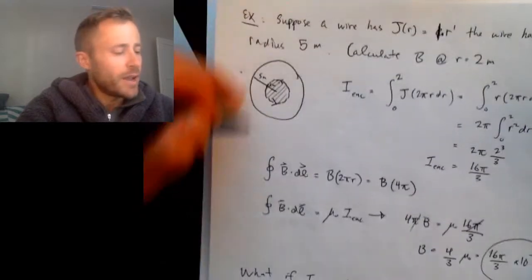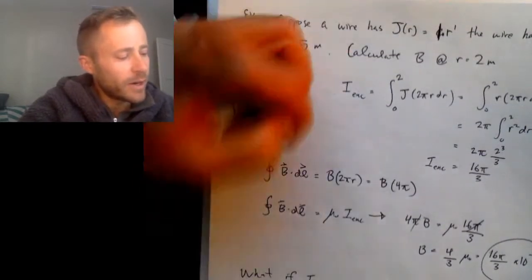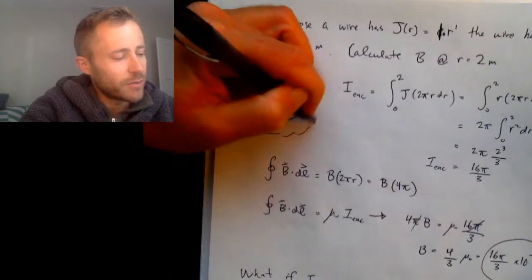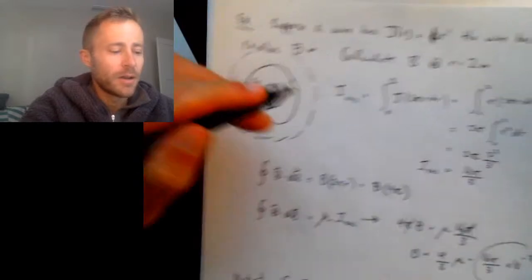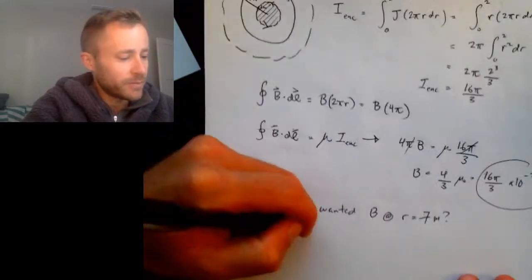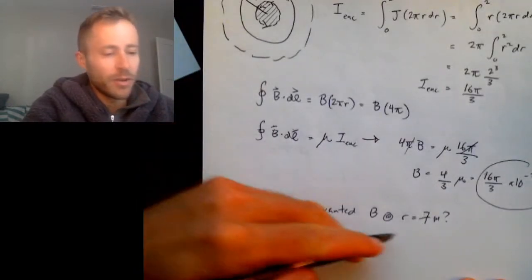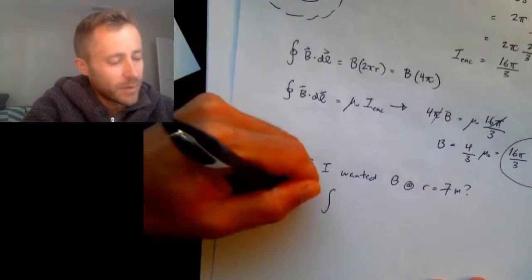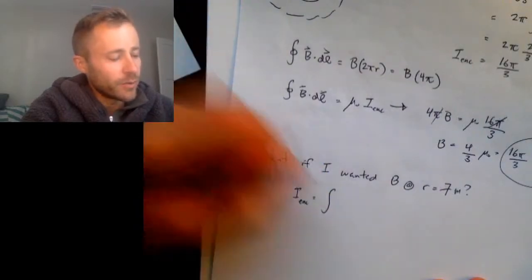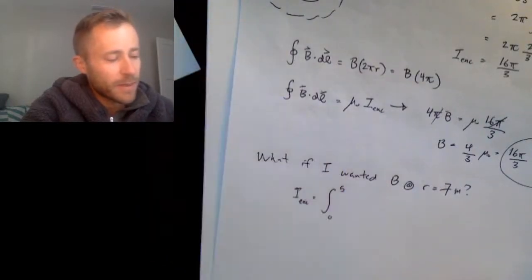Okay, so my Amperian loop is going to have a radius of 7 meters, but because it's enclosing the entire wire, my limit of integration can't go beyond 5 because the wire stops at 5. So when I'm calculating the current enclosed, my integral would only go from 0 to 5.